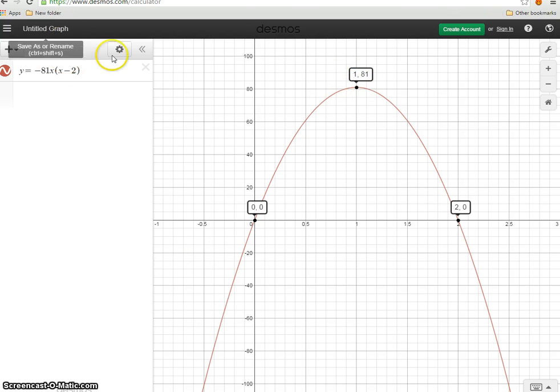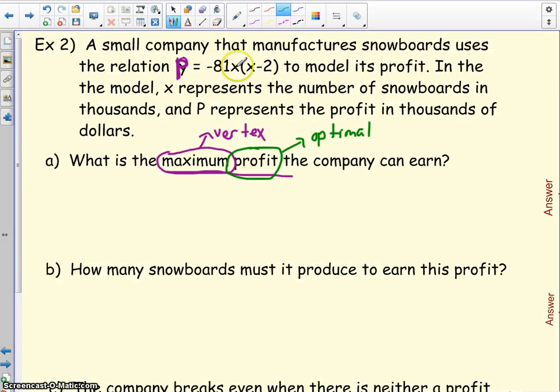So remember here, if you look at our equation, we are in factored form. Okay, and this might be a bit confusing because it doesn't necessarily look like factored form, especially because you only see one bracket, but it actually is factored form. If I were to give you the equation p equals negative 81(x minus 0)(x minus 2), you would probably look at that and say, okay, that's factored form.